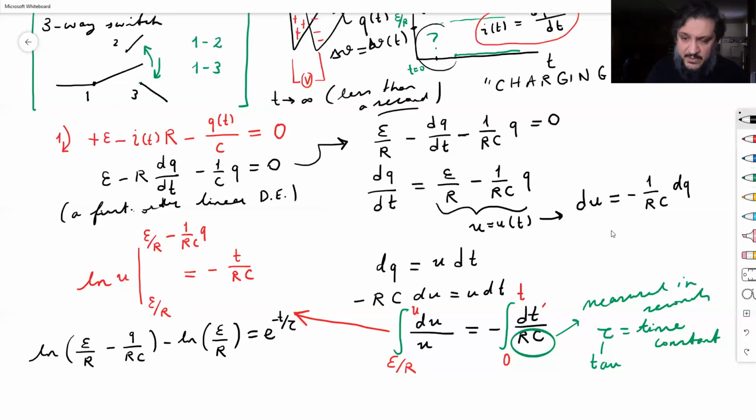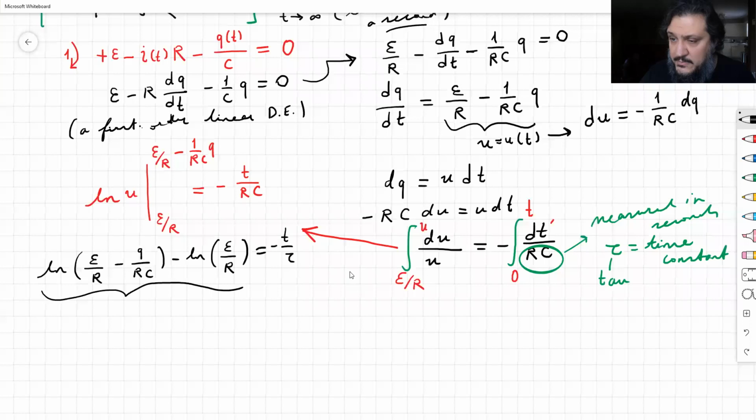All right, now when you have two logarithms subtracted, sorry, okay, I made a mistake here. I jumped ahead. It's still negative t over RC, negative t over tau. When you have the difference of two logarithms, you can write it as the ratio.